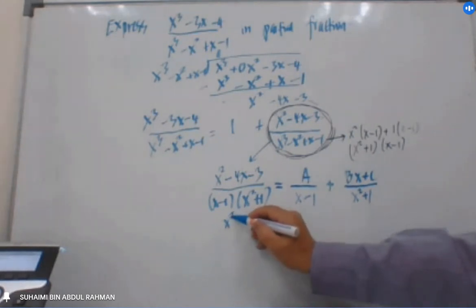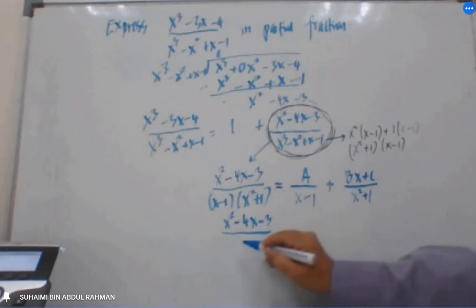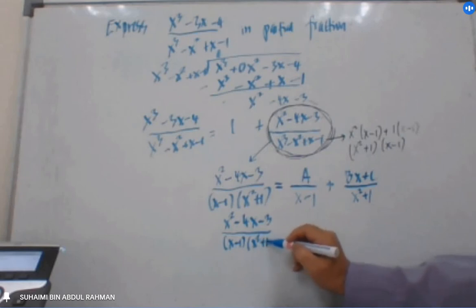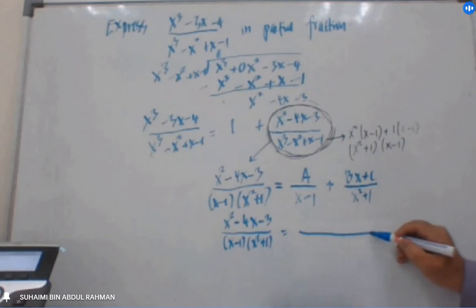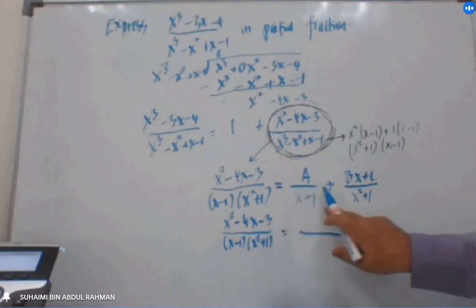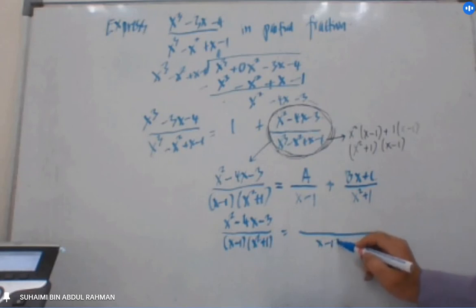So x squared minus 4x minus 3 over x minus 1 times x squared plus 1 is equal to this. Now we want to make the denominator the same, so we only want x minus 1 and x squared plus 1 in our denominator.